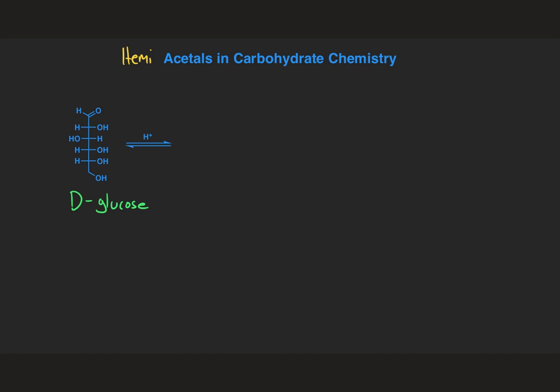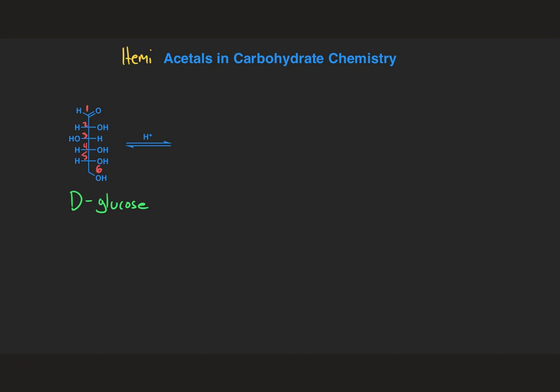So the first atom in that ring is the carbonyl carbon. And as I go down the ring, I get 2, 3, 4, 5. And then if I use this oxygen as the nucleophile, that would give me a 6-membered ring.